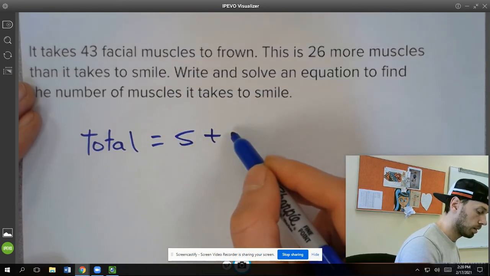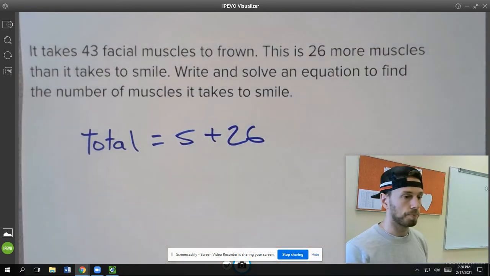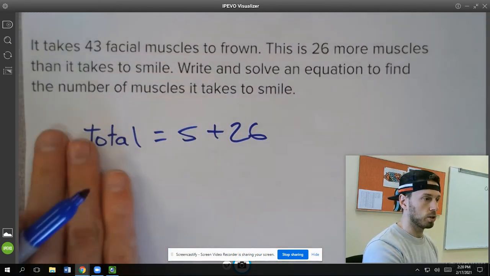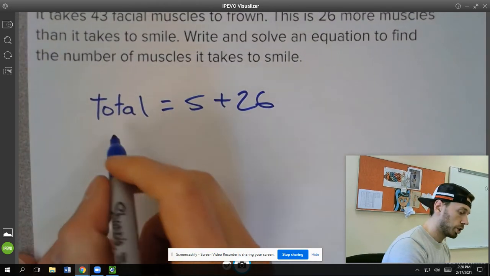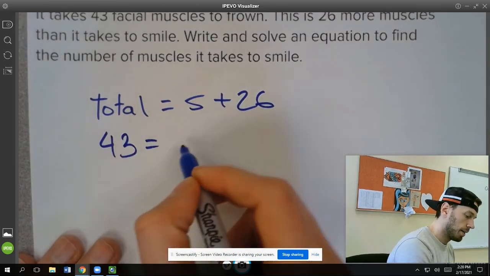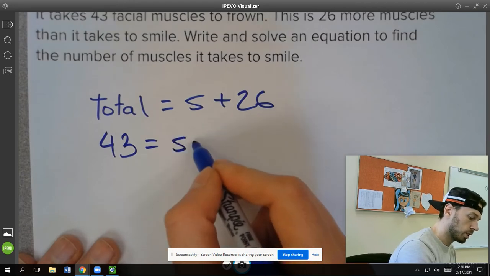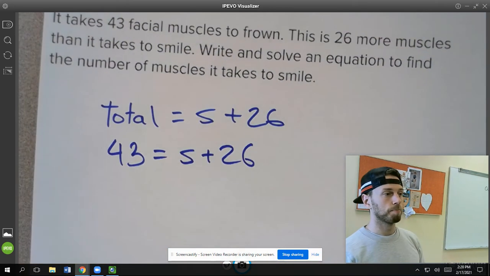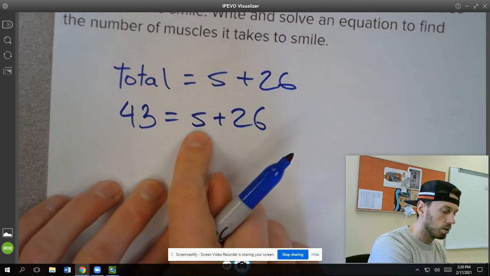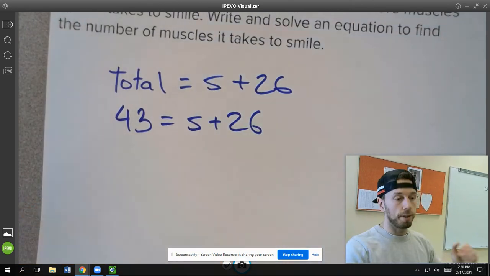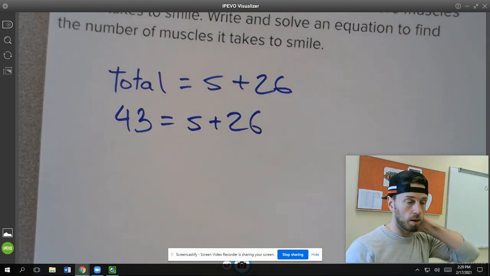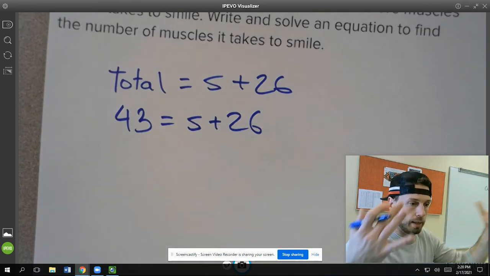We don't know what it takes to smile, so we take S plus 26. Okay? So what we have here is the total number it takes to frown, which is 43, and that equals what it takes to smile plus 26. So, if you can figure out what plus 26 equals 43, then you find out how many muscles it takes to smile. And in order to figure this out, isolate your variable.